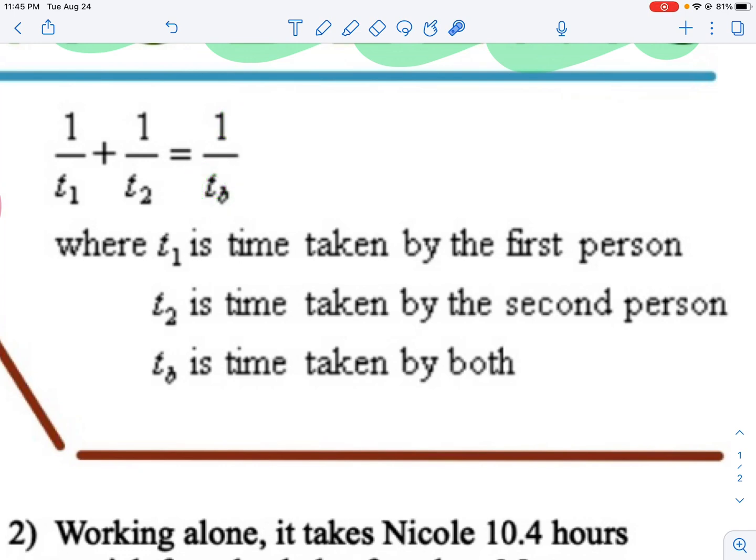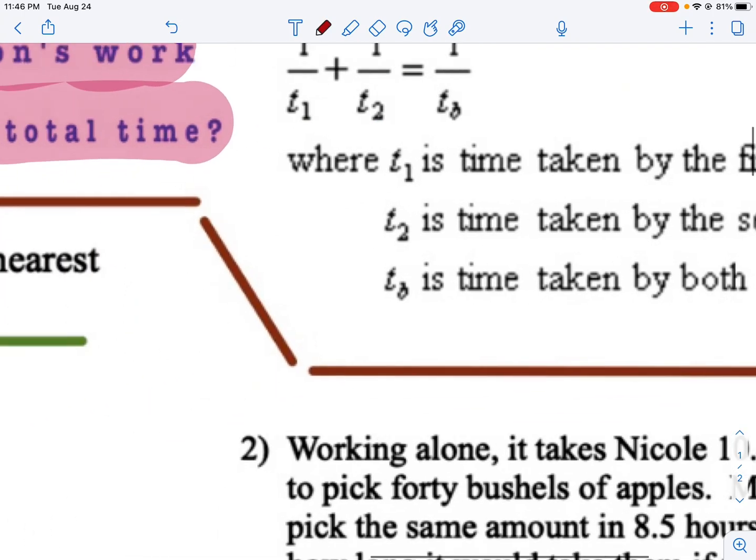As you can see here, T1 is the time taken by the first person. It's how long it takes one person to do the job. T2 is the time taken by the second person, and T3 is the time taken by both people. How long does it take both people to work together, in total? So we're going to see what that looks like.